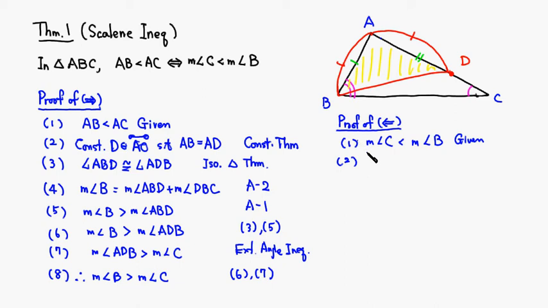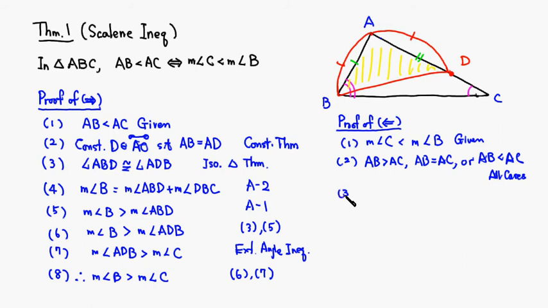We can think of 3 different cases: AB is longer than AC, or AB is equal to AC, or AB is smaller than AC, which is what we want to conclude. So this is all cases.